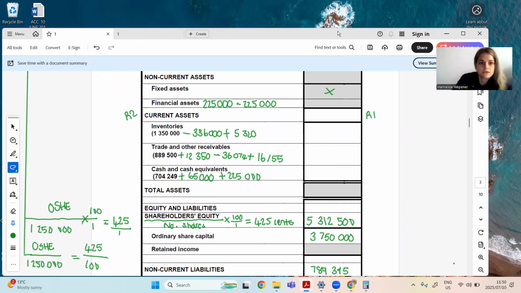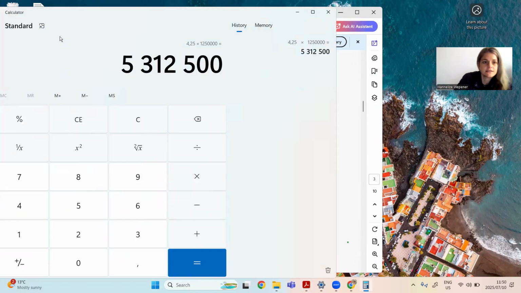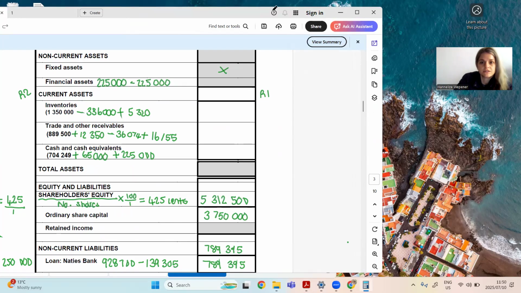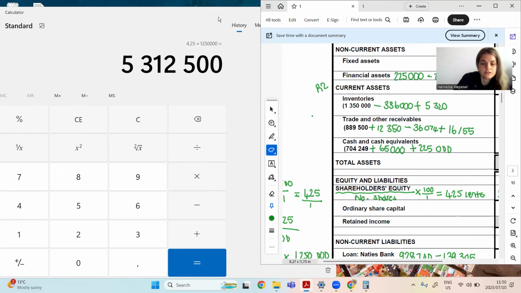I just want to close this one and do that. So we can now calculate the totals of our current assets. Wait, yes, let me do this. Sorry, I'm all over the place now. Just want to make it easier for you to actually see. I know some people are watching on their phones. It can become a bit difficult.